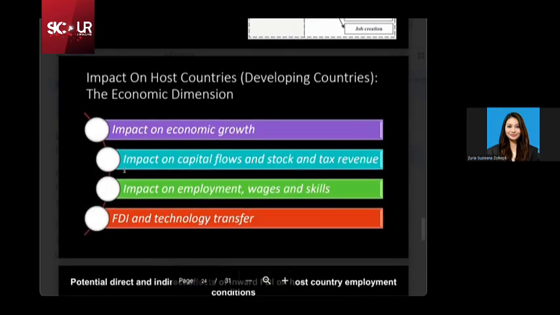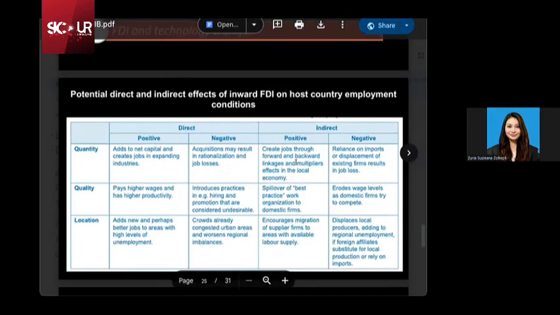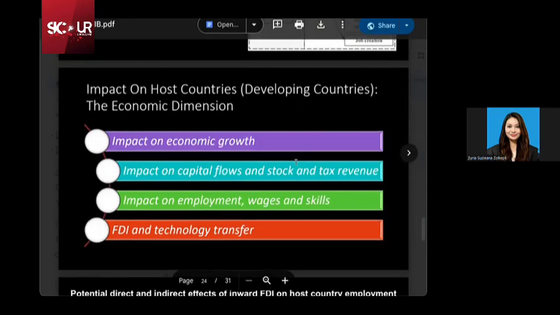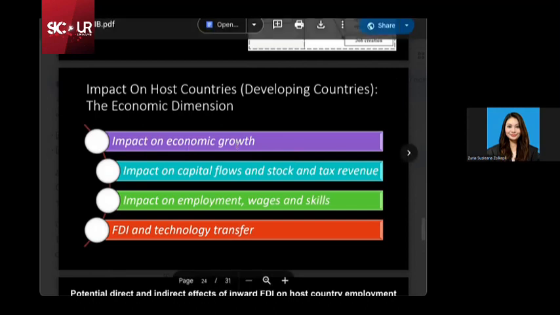Okay, impact on host country. The economic dimension, and also the environmental dimension, okay. So in terms of the economic dimension, it is similar: impact on economic growth, impact on capital flow and stock and tax revenue, and then impacts on employment, wages and skill, and FDI and technology transfer.